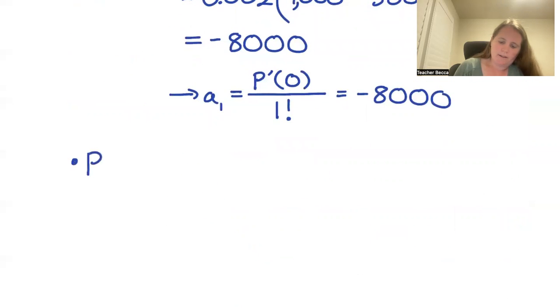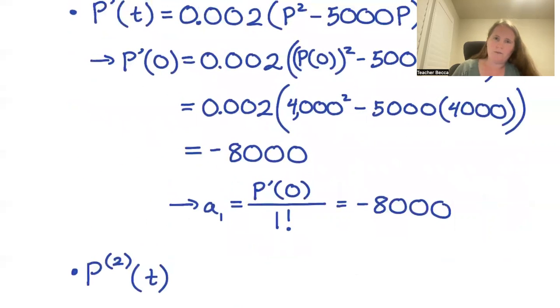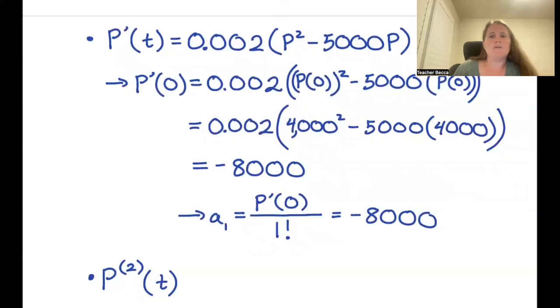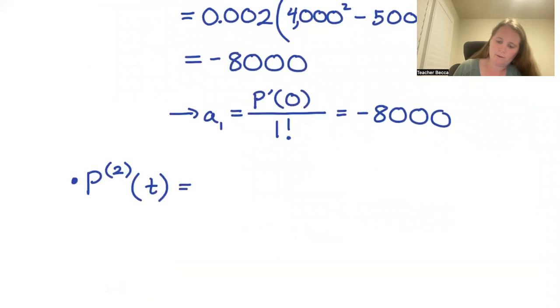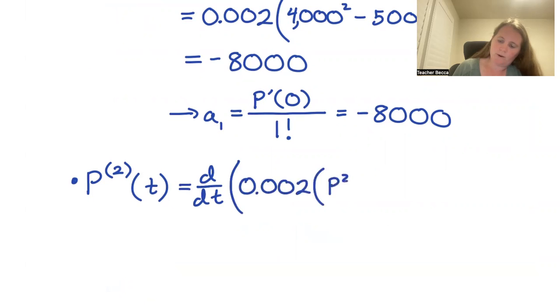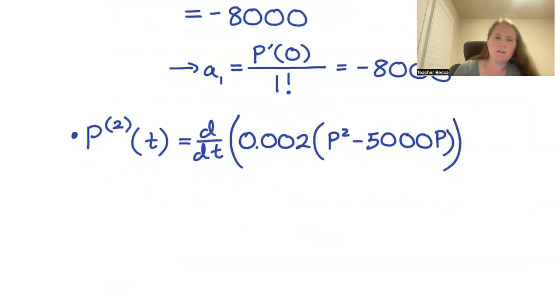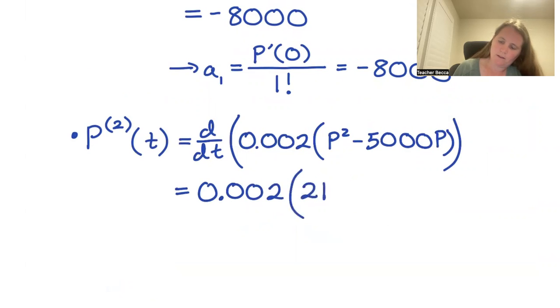Next up, we need the second derivative. The second derivative of p should be equal to the derivative of p prime. So this should be the derivative with respect to t of 0.002 times p squared minus 5,000 p, which would be 0.002 times 2p minus 5,000.